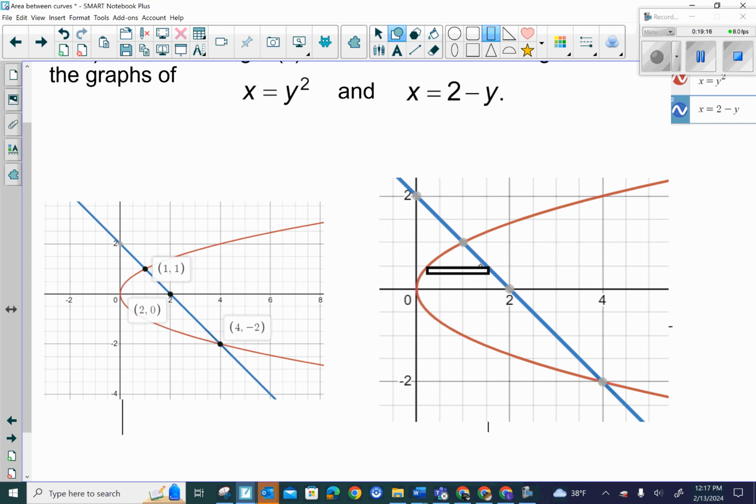The pathway is the same, except that the height of the rectangle, instead of upper y value minus lower y value, is going to be the right x value, which is that one over there. That's the right x, minus the left x.